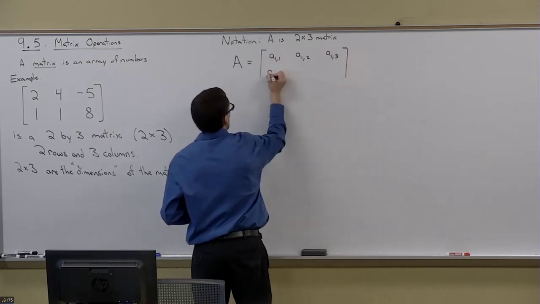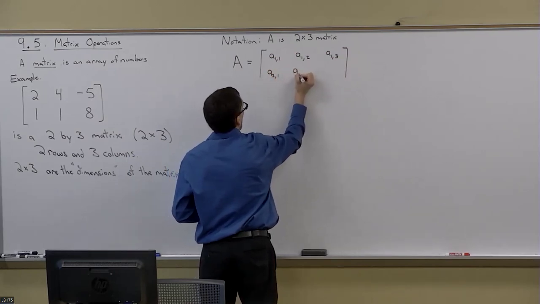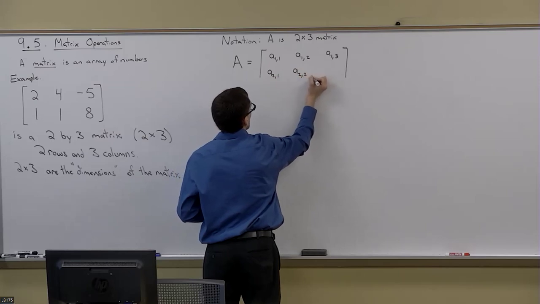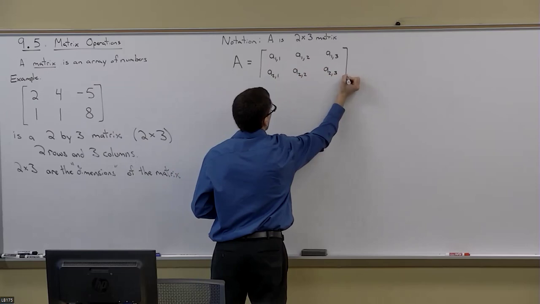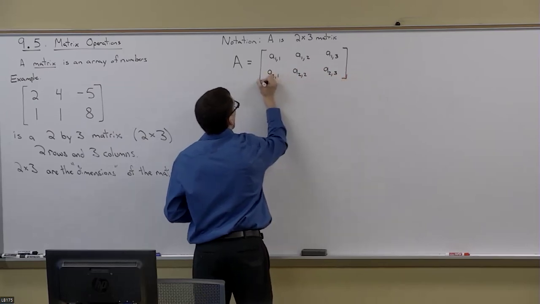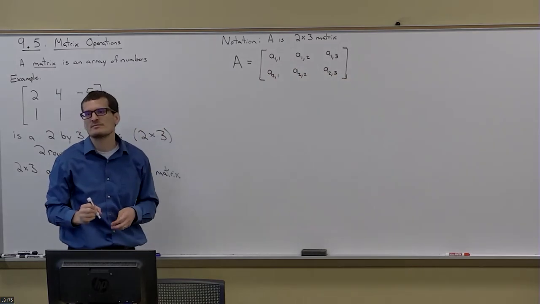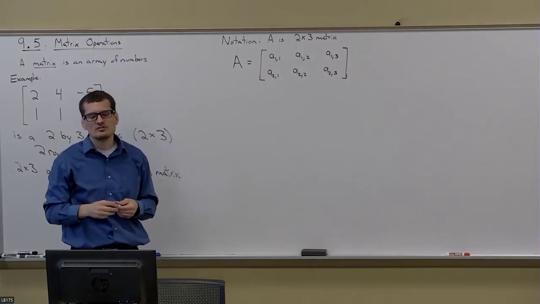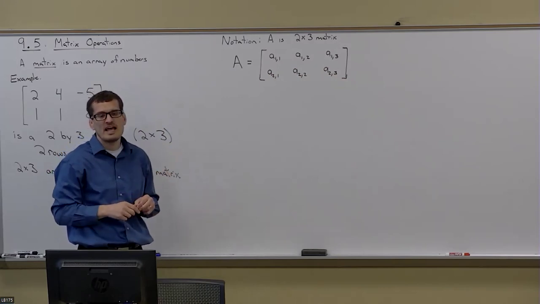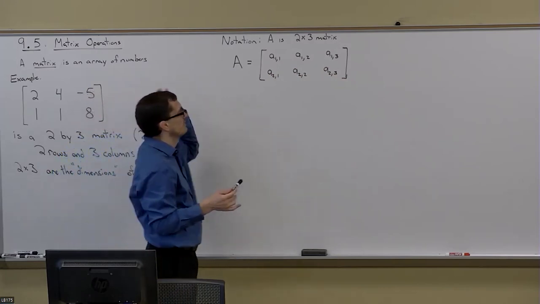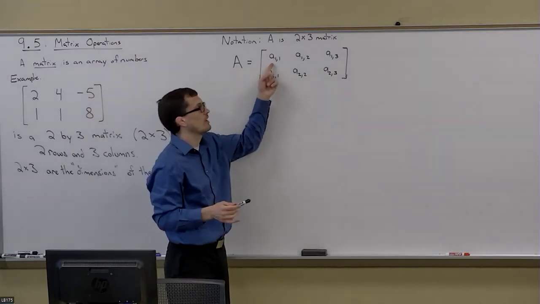And then the next row is going to be A21, A22, and A23. So you'll see this notation in Moodle when it says, hey, add these two matrices, tell me what the entries are. What is the 1-1 entry?